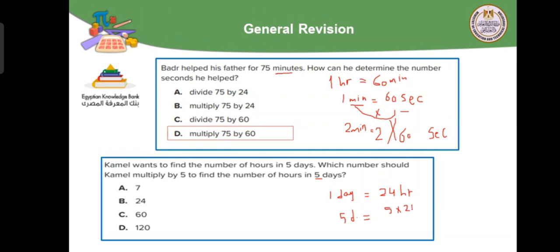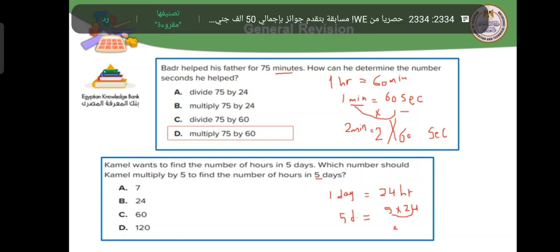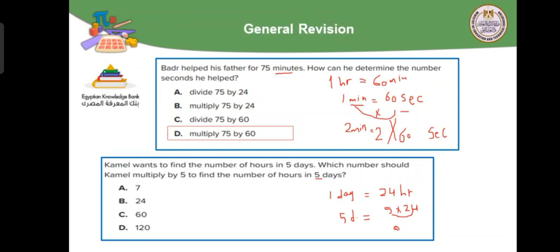5 by 4, 20. 0, and I have 2. 2 by 5, 10. Okay, 10 plus 2, 12. Or with the area model, as we learned before, we can do it here. 20 plus 4.